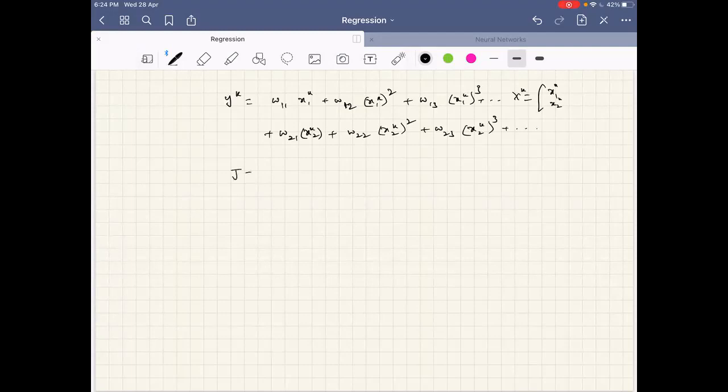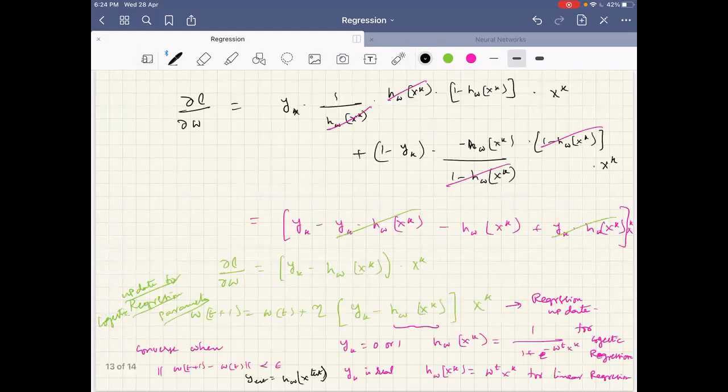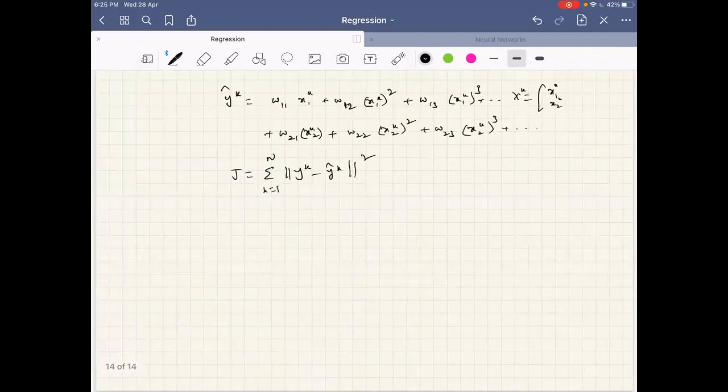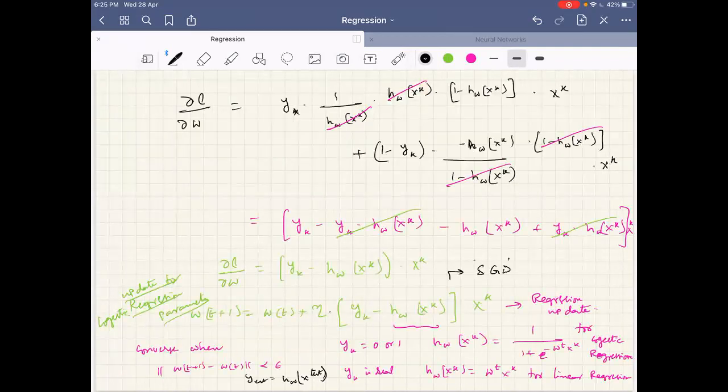In that case, the cost function will be yk minus yk hat whole square. If we first do it for one sample, later we can also, if we wish, have the cost function for n samples. And if we do it for one sample, this is referred to as stochastic gradient descent. The same framework can also be used for batch gradient descent, just having a summation over xk in the cost function, and subsequently it reflects here, right?